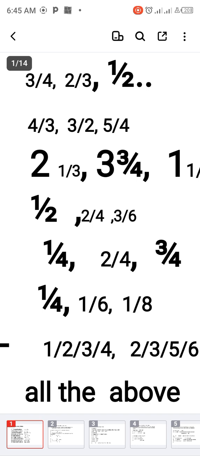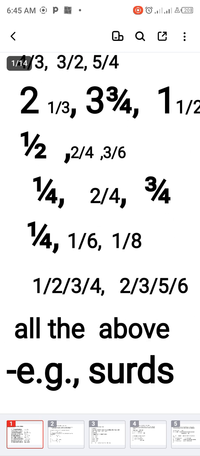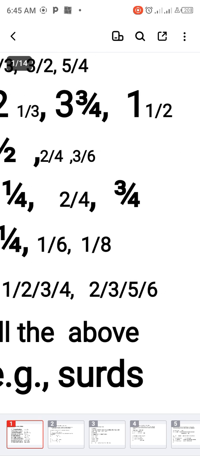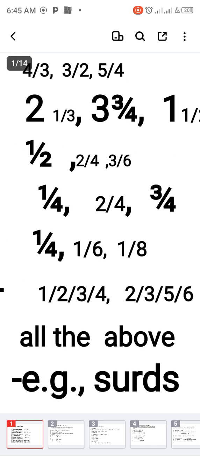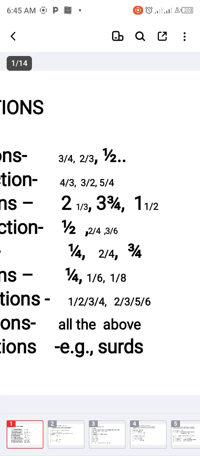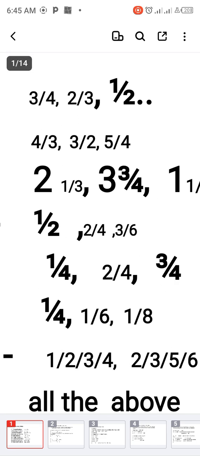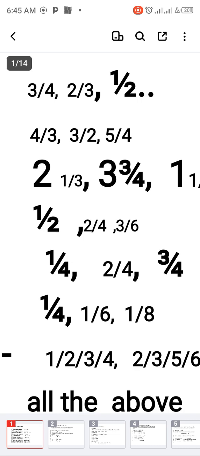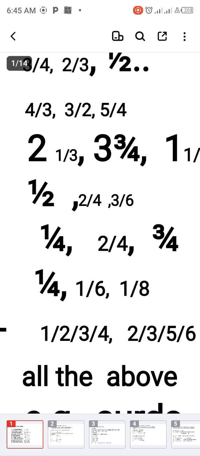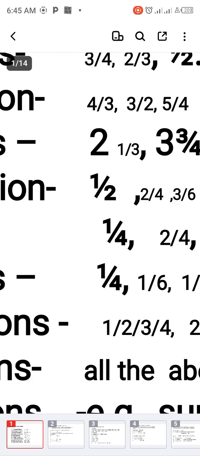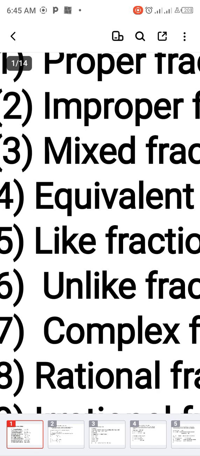And 2 over 4 is a like fraction to what? 3 over 4. Because they are fractions with the same, with common what? Denominator. Yes.